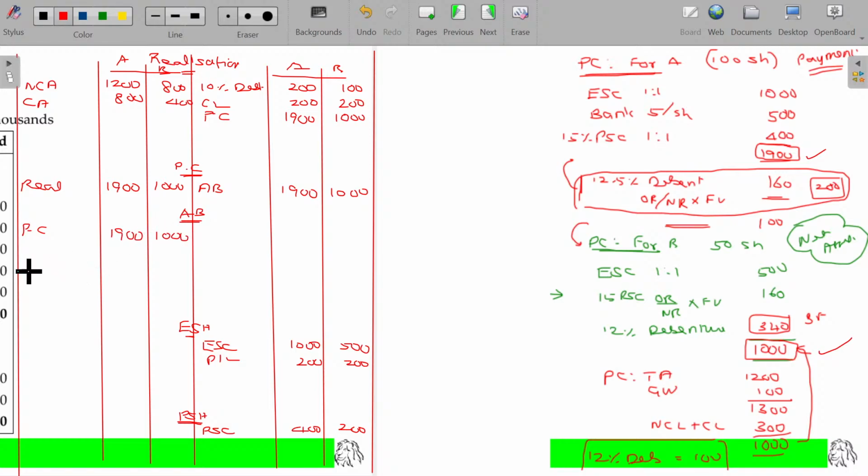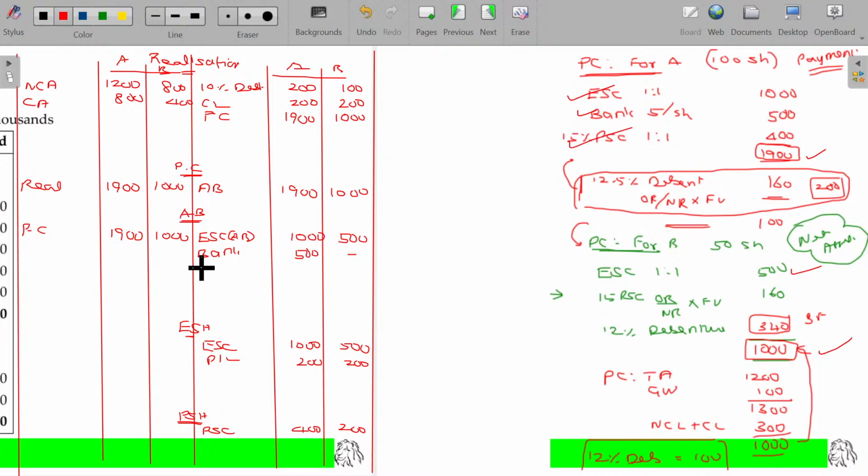And then the mode of payment of this purchase consideration being by way of equity share capital of AB, the value being 1000 for A company shareholders, 500 for B company shareholders, and cash is also offered, 500 rupees for A company shareholders, no cash for B company shareholders.